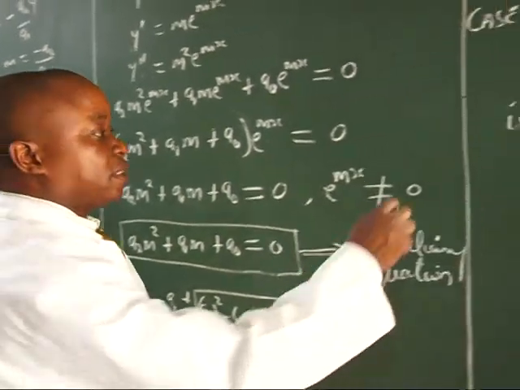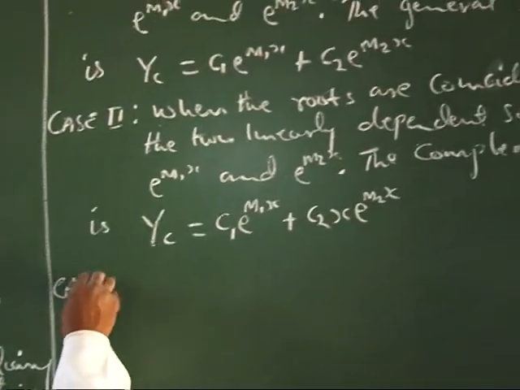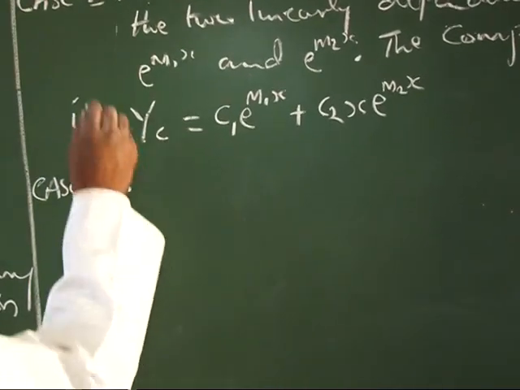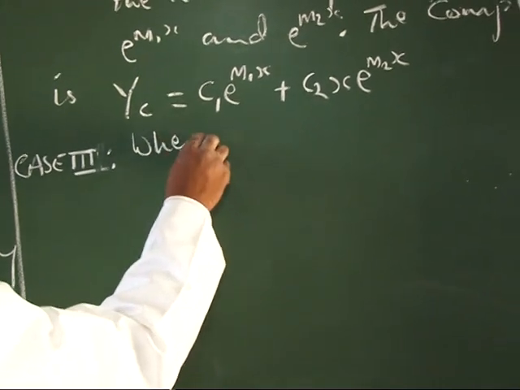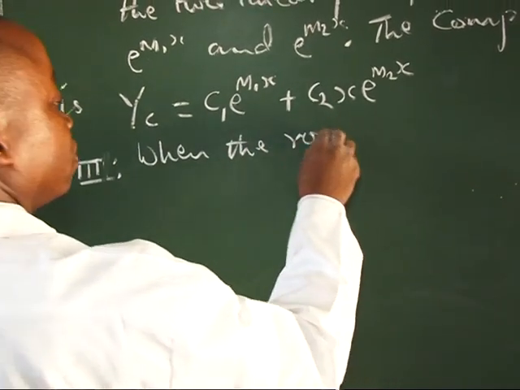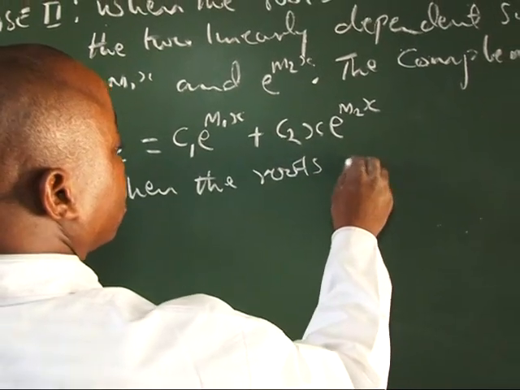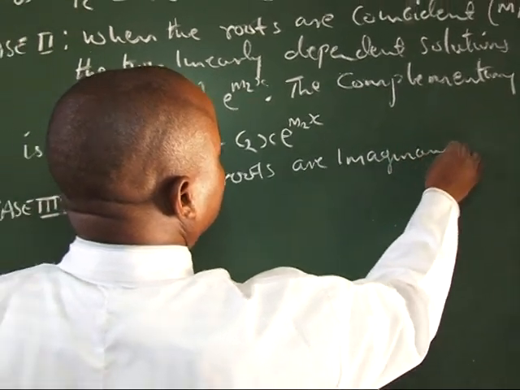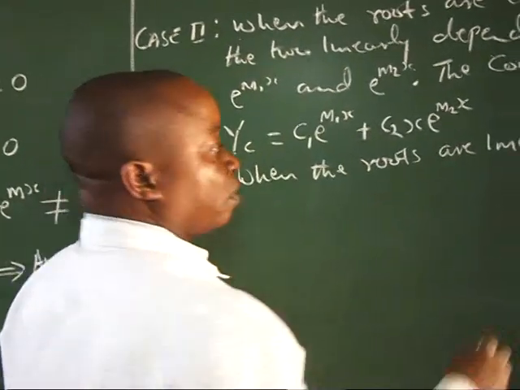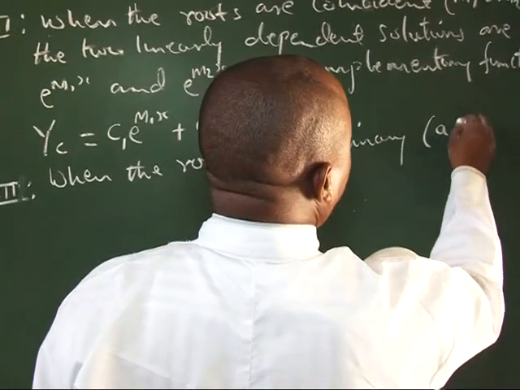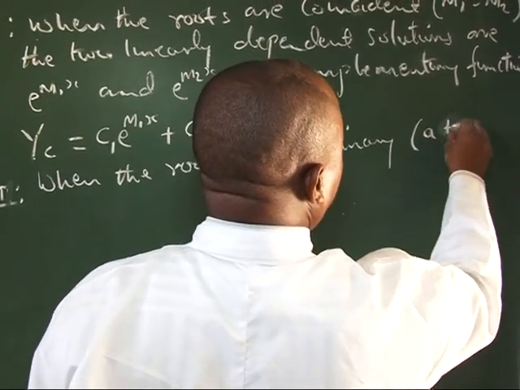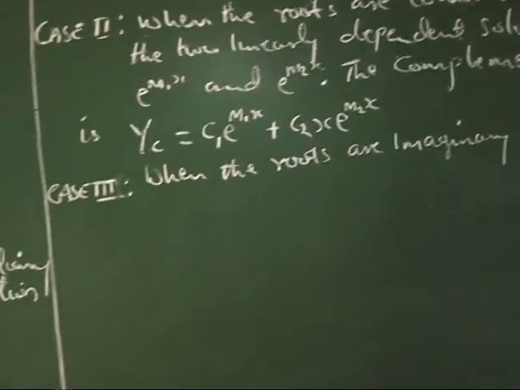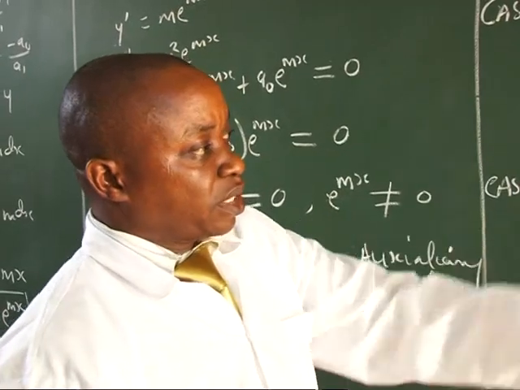Now let's look at case 3. When the roots are imaginary, that is, I'm talking about complex roots, where we have a plus or minus bi. You know that a complex number is of that form.